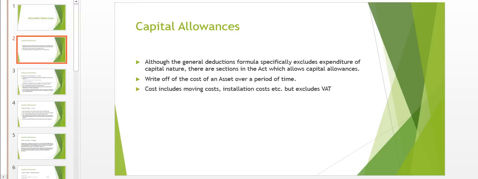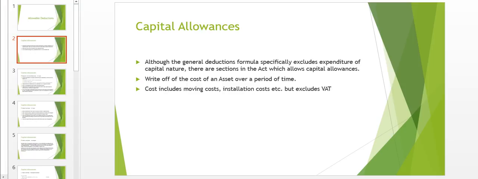So capital allowances. Remember from your general deduction formula, there are specific expenditures which are excluded from that formula, as they are more of a capital nature, and that is where the concept of a capital allowance comes in.